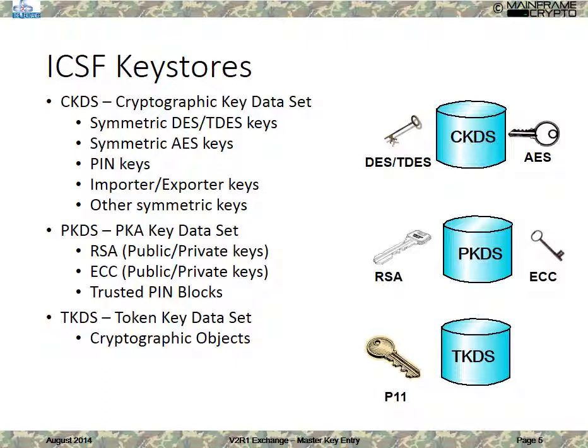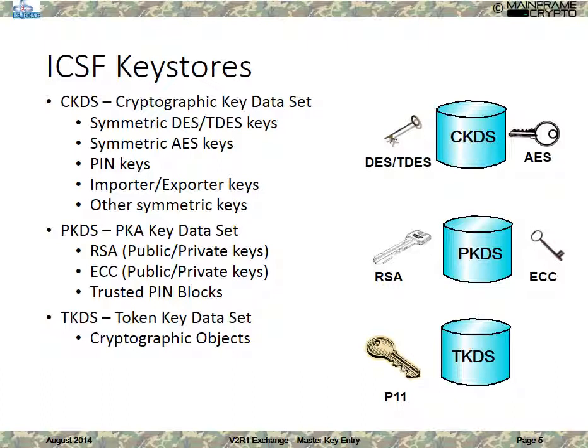Importer-exporter keys are just another type of symmetric keys. And there's a host of other symmetric keys defined or described in the ICSF System Programmer's Guide. All of those key types are stored in the cryptographic key data set. If it's a clear key, it is stored in the clear in the key repository. If it's a secure key, it's encrypted under that master key.